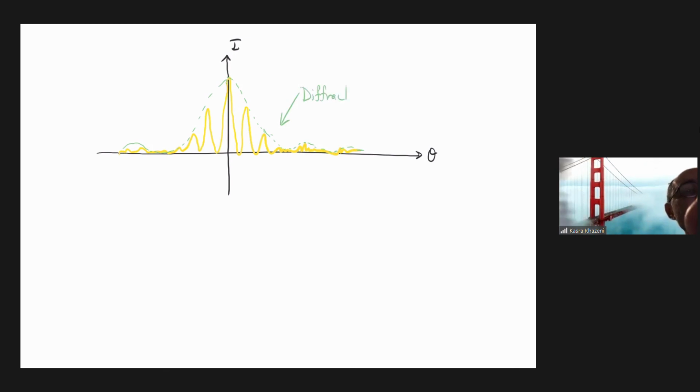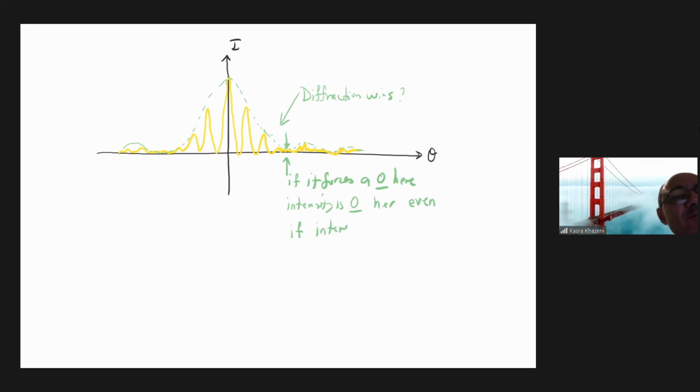But diffraction wins. What do I mean by that? If the formula for diffraction forces a zero here, the intensity is zero, even if the interference pattern has a maximum here.